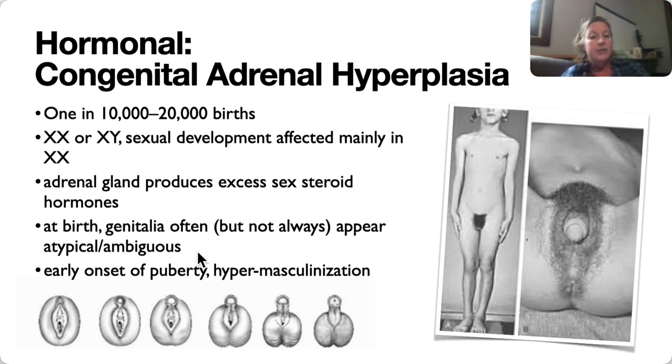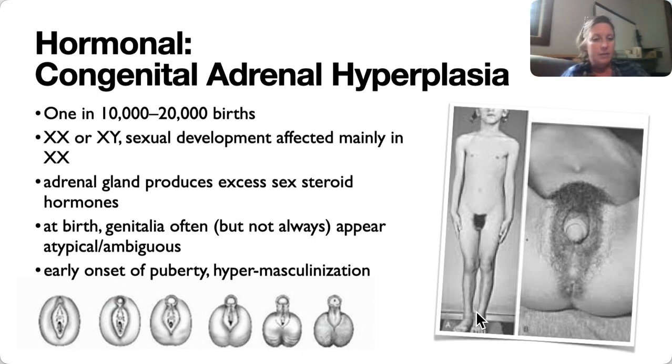And at birth, the genitalia usually, but not always, appear atypical or ambiguous. The other thing that happens, because these sex hormones are being produced at higher levels even before these individuals reach puberty, is that they show pubertal development early and even hyper-masculinization.